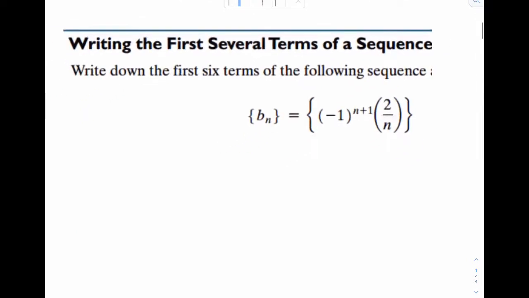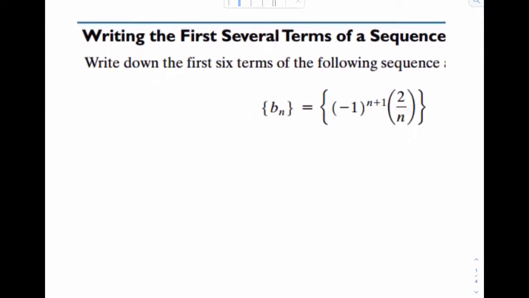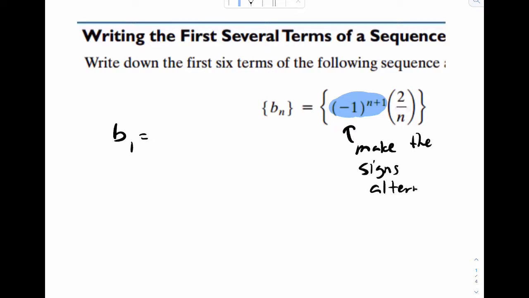Let's try another one here. Write down the first 6 terms of this sequence here. So it's giving us a b now, so we'll write that. B sub 1. Plug in 1 here. This part's particularly interesting, so I want you to highlight this. What this is going to do is make the signs alternate, meaning it's going to alternate between positive and negative.